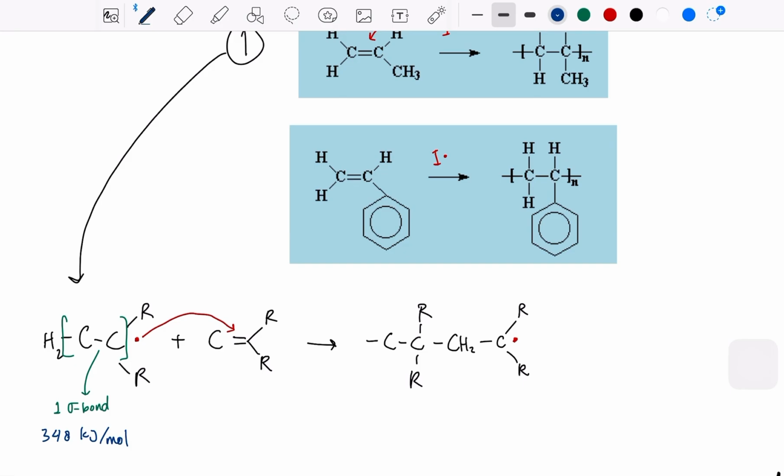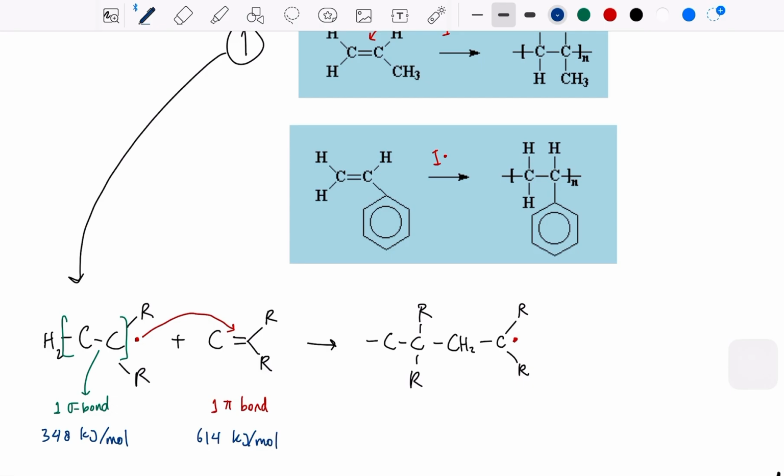Okay? So we need that energy level to break the bond. Now look at the monomer, the vinyl. It has one pi bond. Okay, see this double bond, right? And it has 614 kilojoule per mole. Okay.